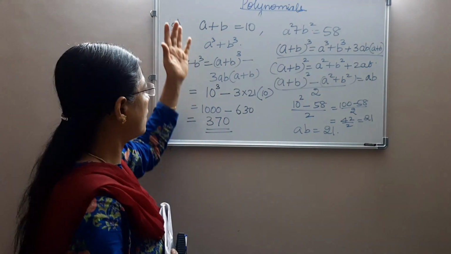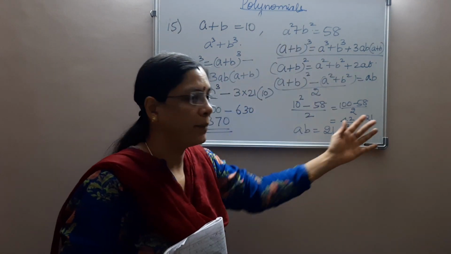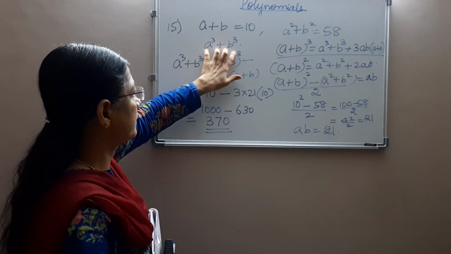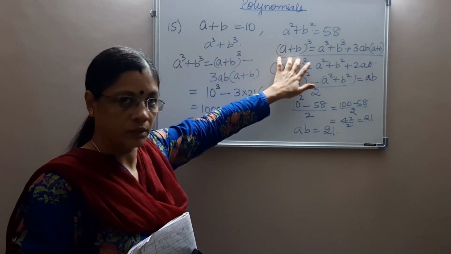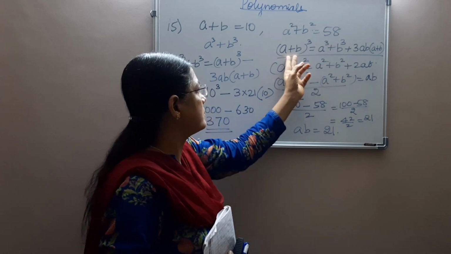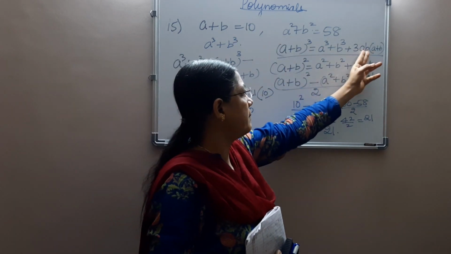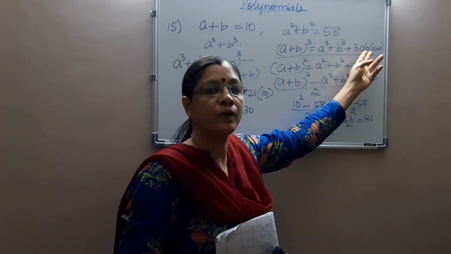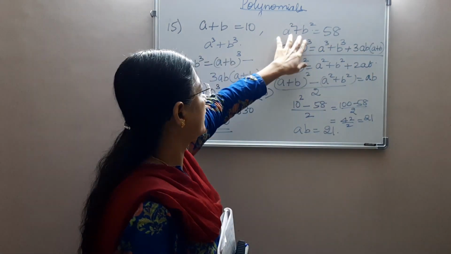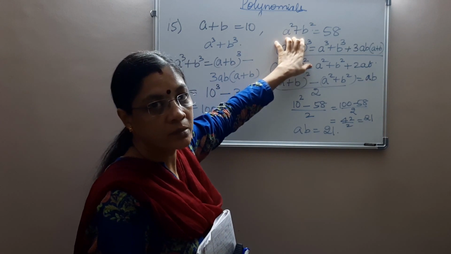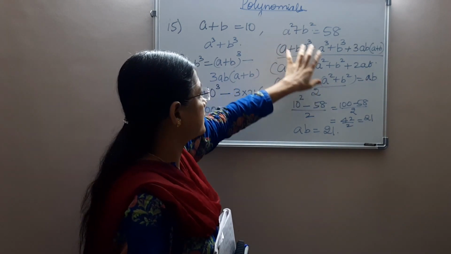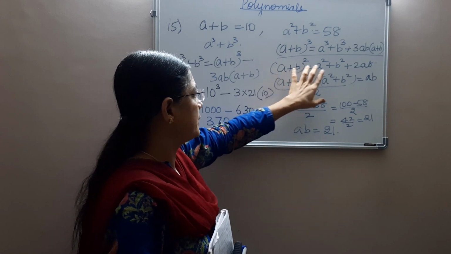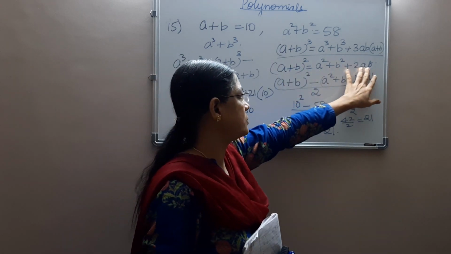Now do you understand how we follow a path from the identity? First, a cube plus b cube is obtained from a plus b the whole cube. Here a plus b is given but ab is not known. So we have to find ab from a squared plus b squared, because a squared plus b squared is given. A squared plus b squared can be obtained by the a plus b the whole squared formula: a plus b the whole squared is equal to a squared plus b squared plus 2ab.